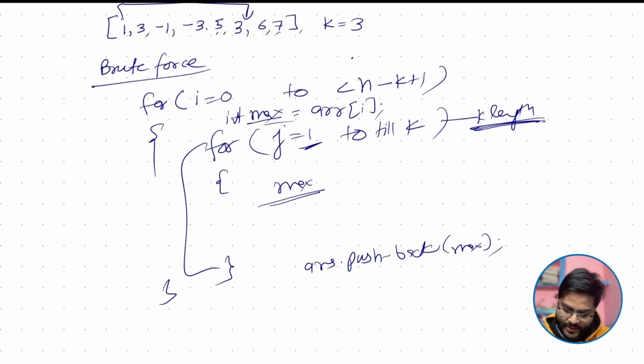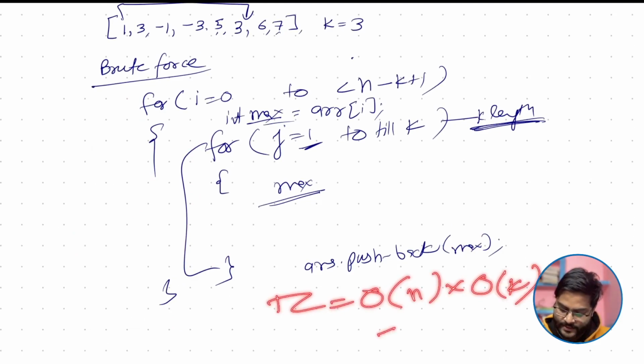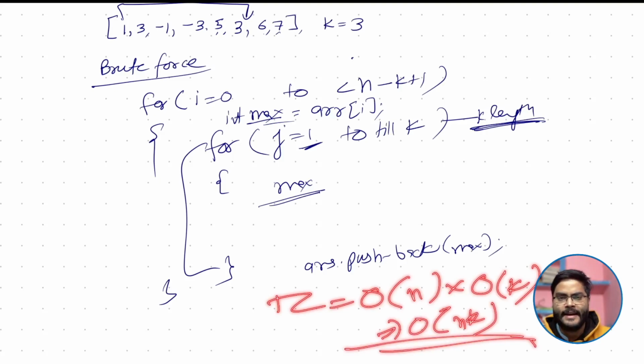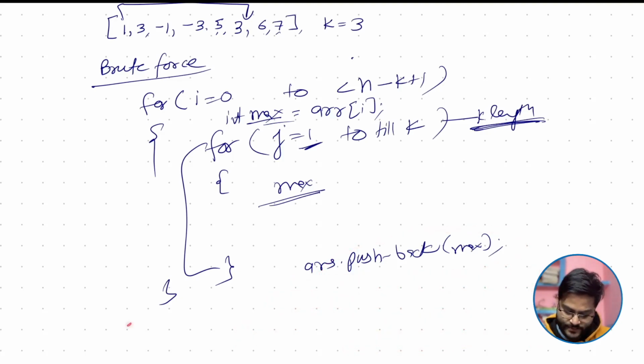So the time complexity will be order of n into k. And for space complexity, we are storing the answer, so it will take order of n, actually less than n, n minus k, but almost order of n only.